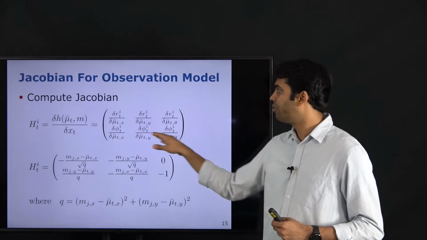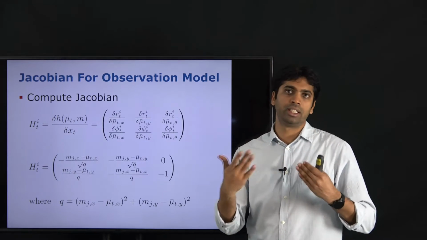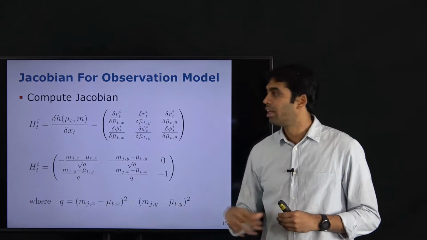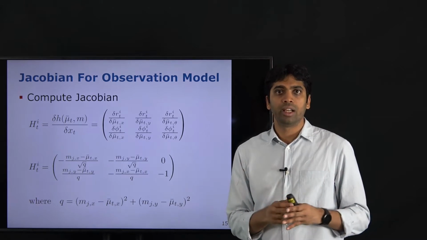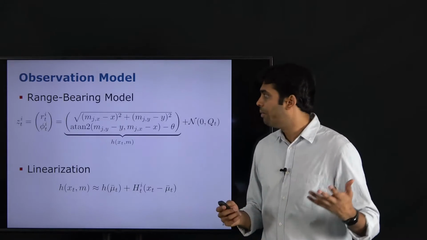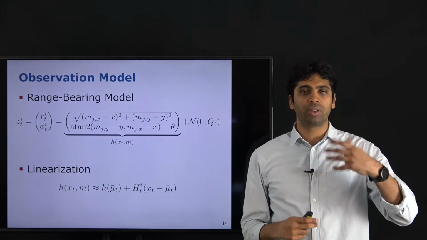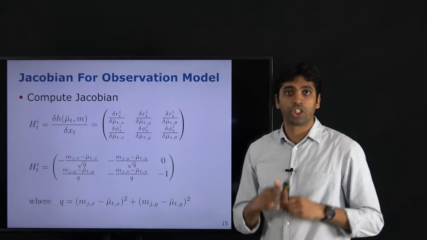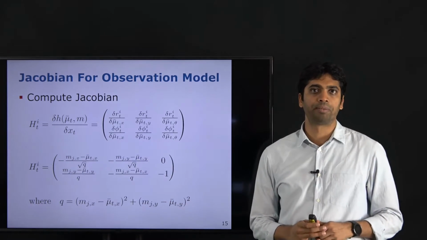And the same story with the second line, where you do the derivatives of the bearing measurements with your state vector. As you see here, the dimension of this is a 2 cross 3 matrix, because you have 2 measurements and you have 3 unknowns. This results in a Jacobian of size 2 cross 3.